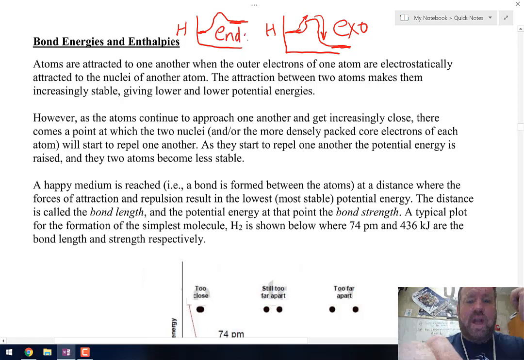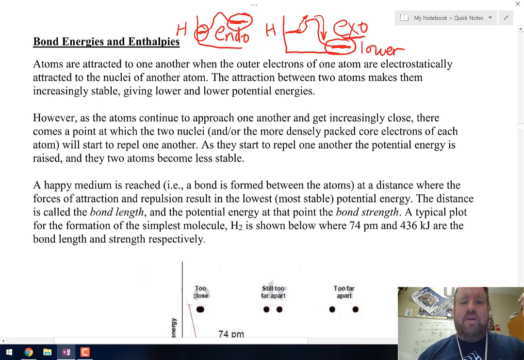So in an endothermic process the enthalpy of the products is greater than the enthalpy of the reactants. And again, in an exothermic process, an energy releasing process, the enthalpy of the products is lower than the enthalpy of the reactants. Okay, and what that leads to is this idea of bond energies.